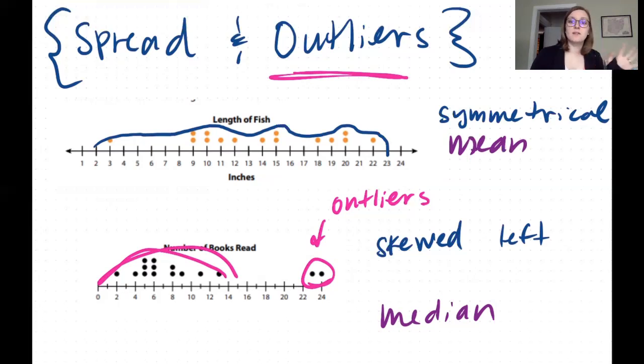When you have the symmetrical data, the mean is really going to be more accurate than the median. But when we have any type of skewed data, left or right, you're going to want to use the median because it's going to just kind of get rid of those bigger numbers better than if you were to use the mean. So that's a quick overview on spread and outliers.